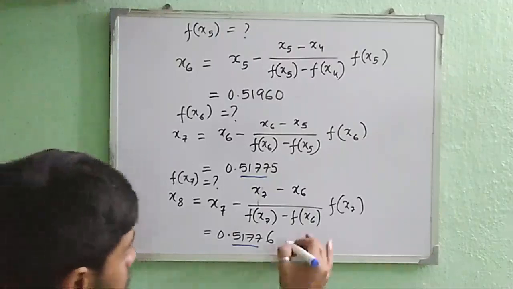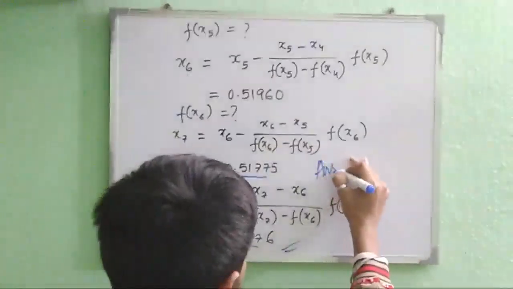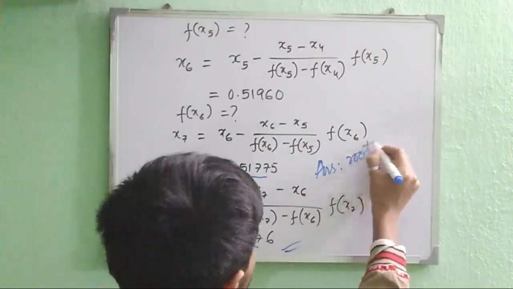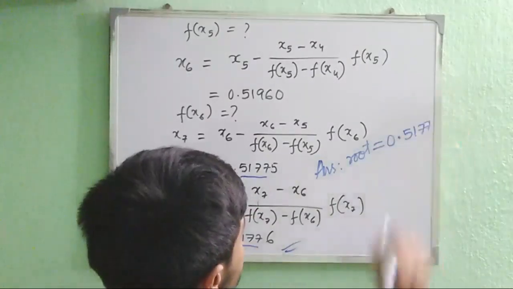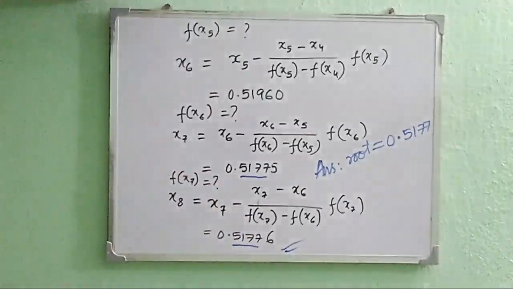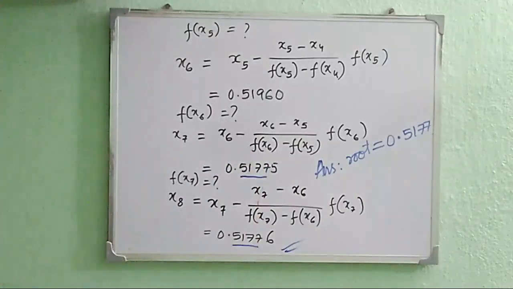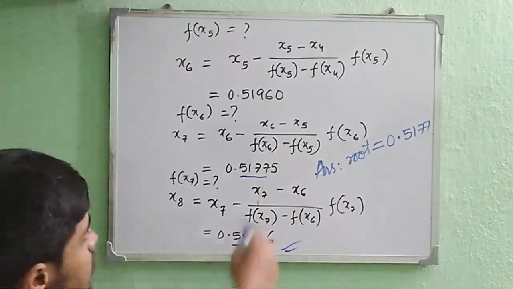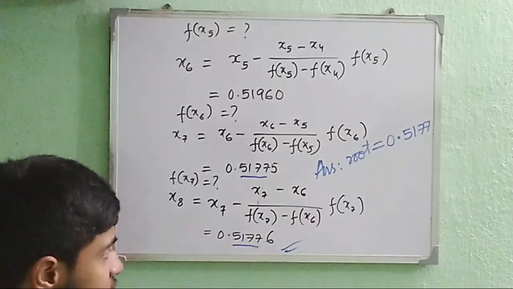So now I will stop my iteration, and my final answer, the root, will be equal to 0.5177. You will continue your calculations until you get two consecutive values the same for the number of decimal places asked in the question.